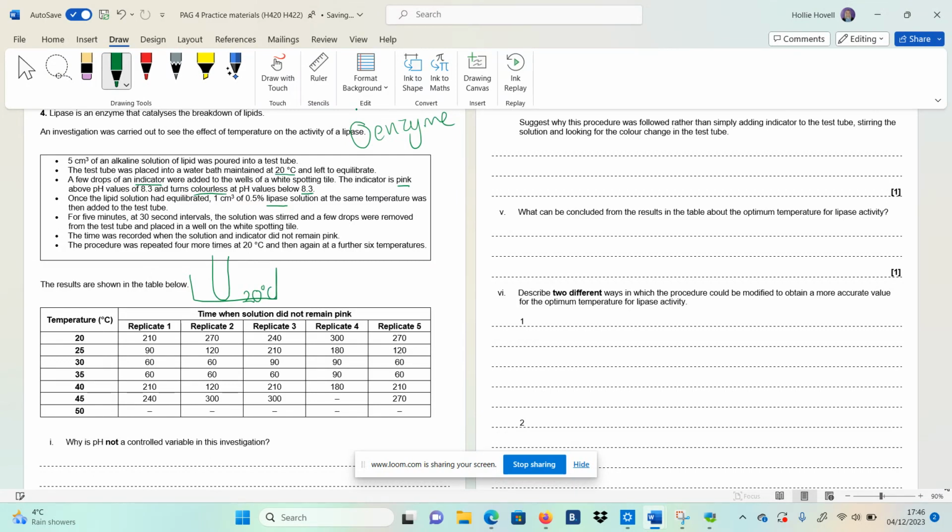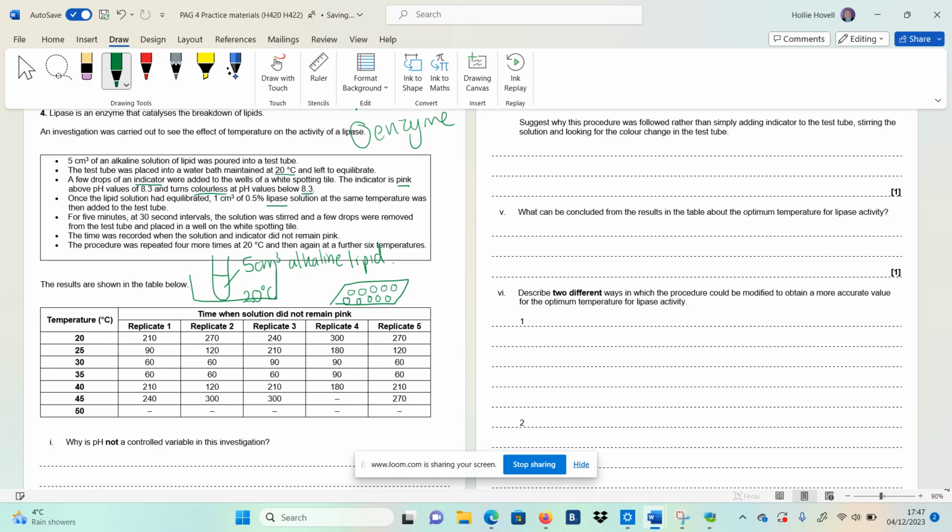In the test tube, we've got 5 centimetres cubed of an alkaline solution of lipid. They've added an indicator to a tile. So they've got one of these dropping tiles with the little circle dips in it, little wells in it.